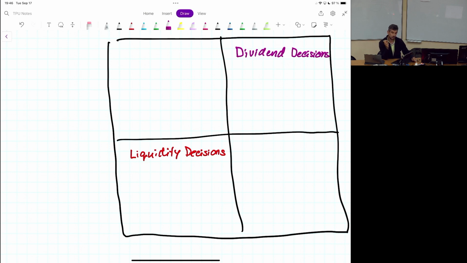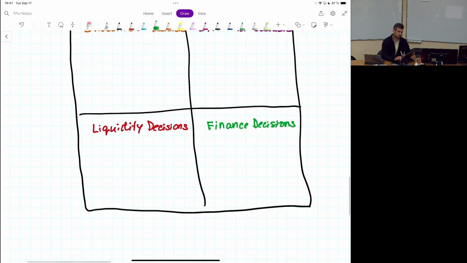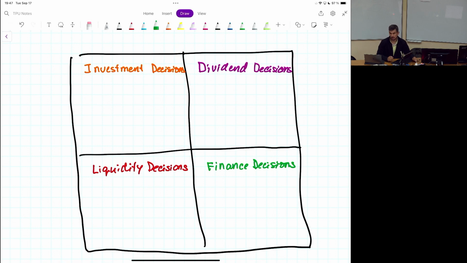Okay, what else do you remember from the text? If you don't, let me put it this way. Investment decisions. And last but not least are the finance decisions. Okay? So the 4 functions of finance: investment, liquidity, dividends, finance.